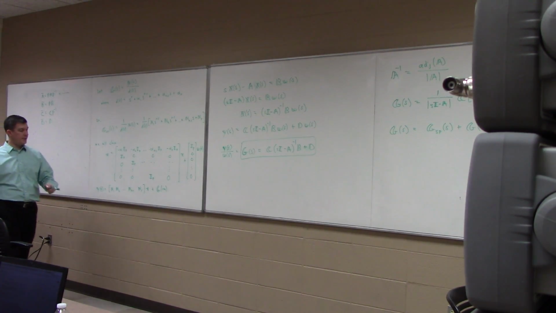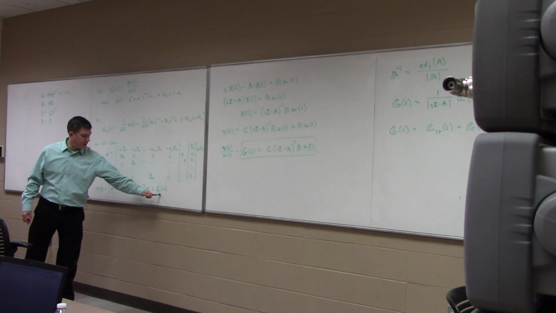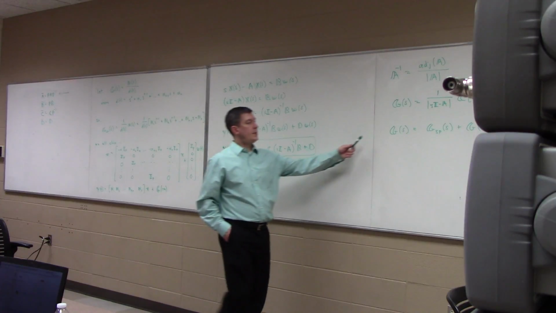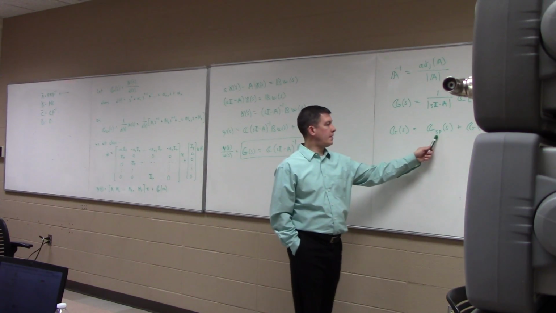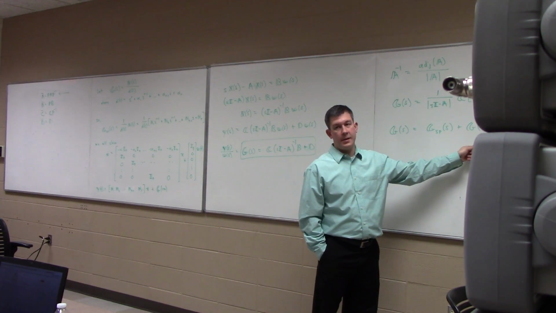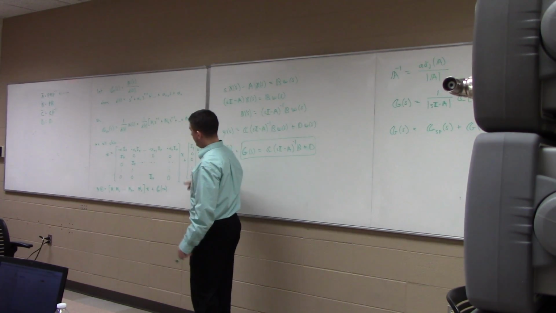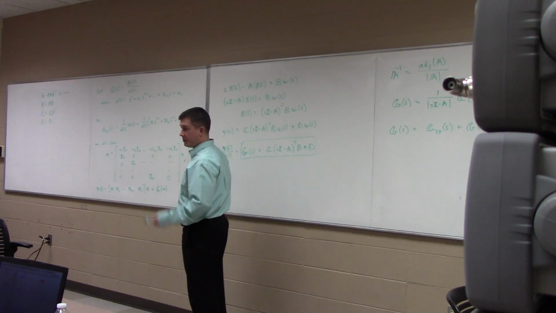Keeping in mind that we have this instantaneous response right here. So if I have any generic transfer function, I can create a strictly proper matrix and then an instantaneous response. I take a strictly proper matrix, I go through this mess, and I can immediately get a state space response.